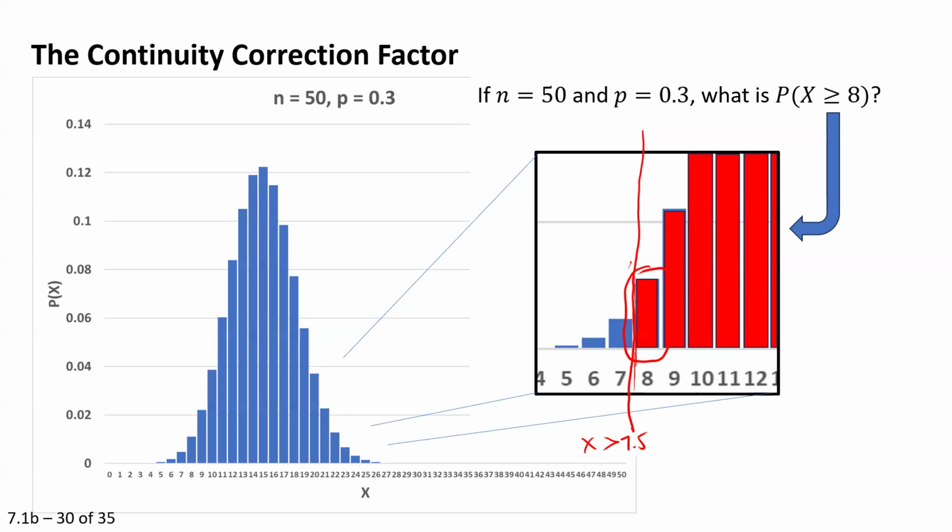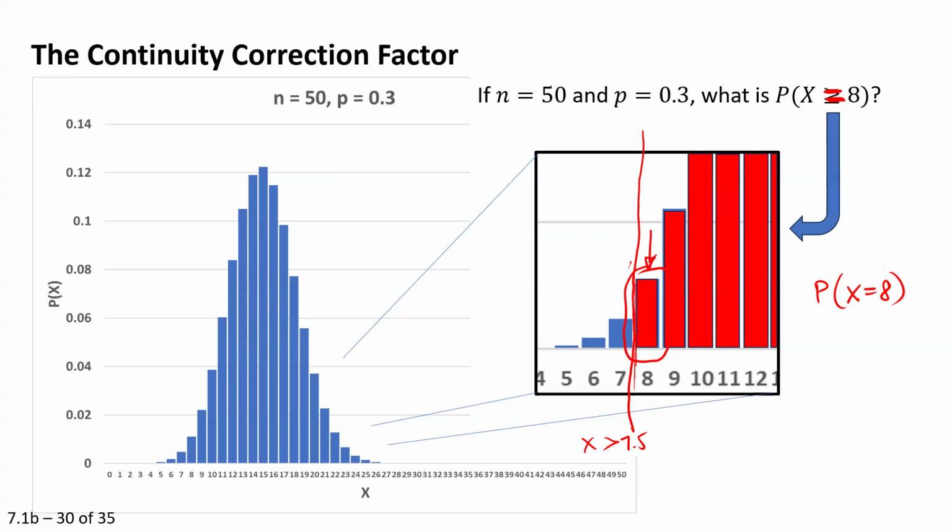So, let me put it this way. If this were just the probability that x is equal to 8, that would be just this bar, wouldn't it? The area underneath that bar. But here's the problem. If I convert this to z values, and I'm looking at a continuous distribution here, what's the probability of x being equal to 8 when it's a continuous distribution?